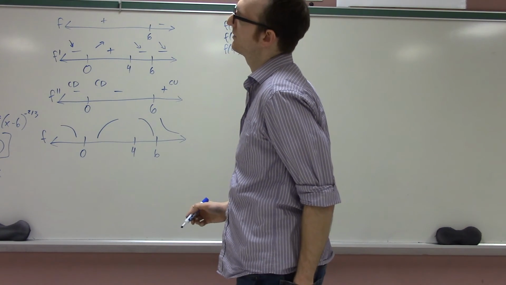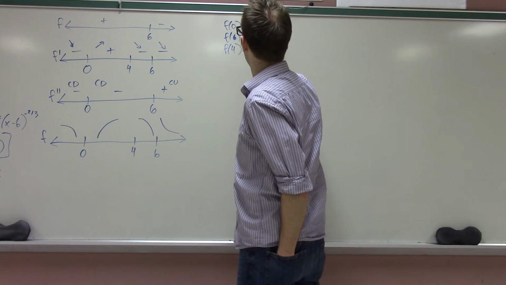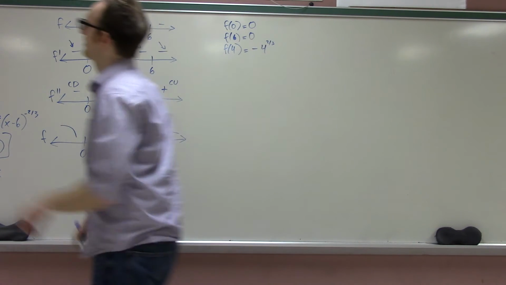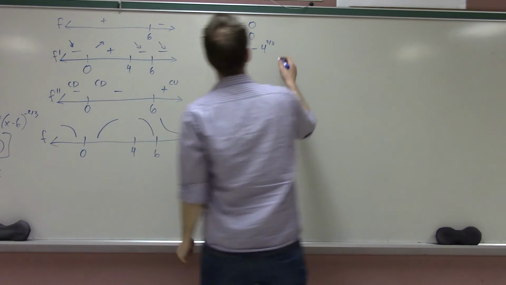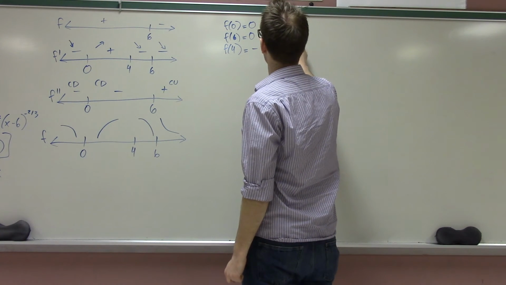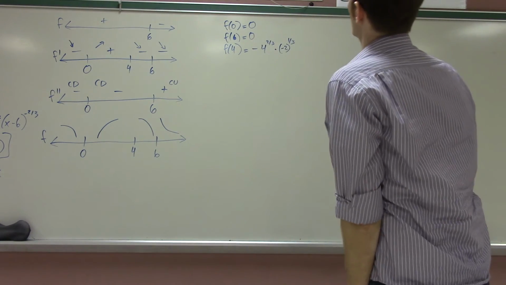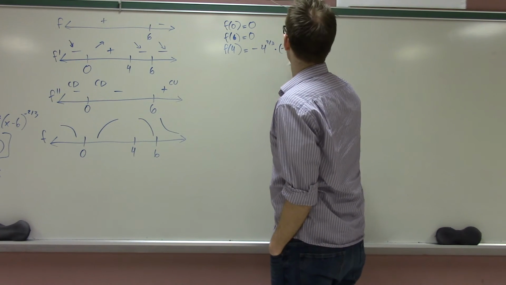I have no idea what this is, but this is going to be negative 4 to the 2/3 times, and when I plug in 4 into the function, I get negative 2 to the 1/3. So times negative 2 to the 1/3. So whatever that is, I really have no idea. I guess the negatives cancel.